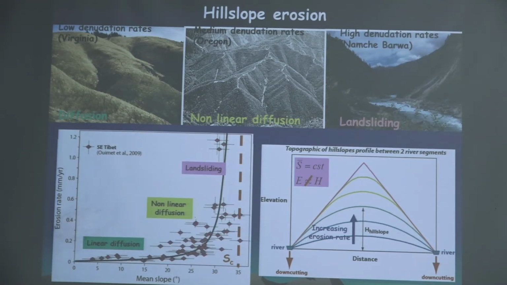And in any place in the world, so I have shown yesterday in Himalaya, here in Southeast Tibet, you will always see more or less the same kind of curve between mean slope and erosion rate, so some kind of gentle linear increase, and then when you arrive around 25 to 30 degrees, then erosion rate can become completely independent of the mean slope.